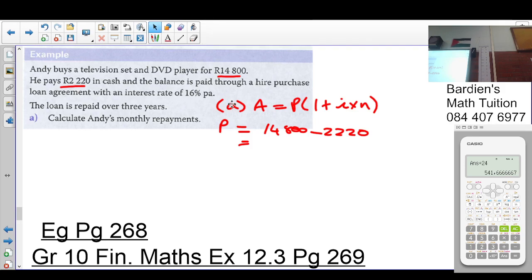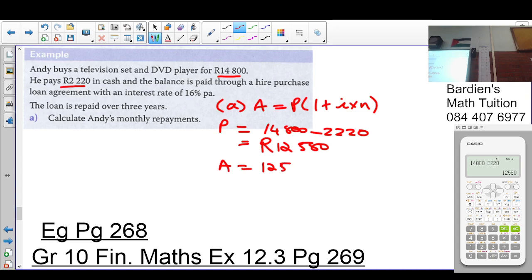So your principal is going to be 14,800 minus 2,220, which gives an answer of 12,580 Rand. Now we're going to calculate the amount that needs to be paid in total. Your A amount is equal to P, which is 12,580 Rand, into 1 plus i. 16% is 0.16, times how many years? 3 years.